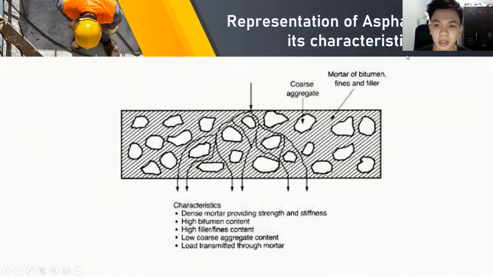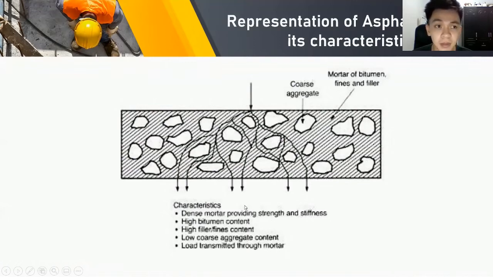Okay, and its characteristics. So yung mga line na maliliit na yan, dyan nakalagay si bitumen, fines, and filler. Dito naman, ito yung mga bato natin, mga coarse aggregate natin. So characteristics niya, first, dense mortar providing strength and stiffness.